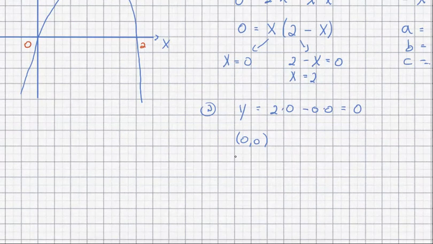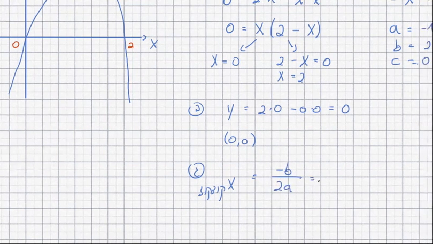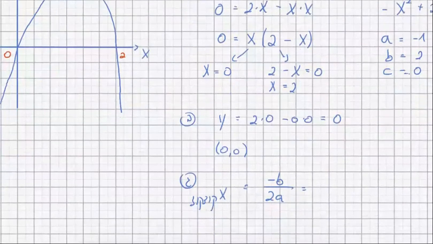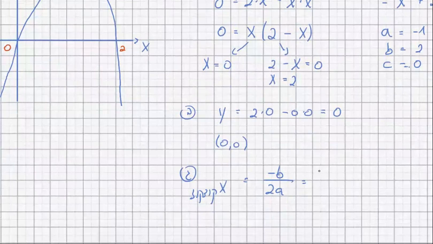Now Gimel, they want you to find the vertex, and you did it right. So x vertex, perfect. x vertex equals minus b over 2a, and b is 2, and a is minus 1. So minus 2 divided by minus 2 is 1.